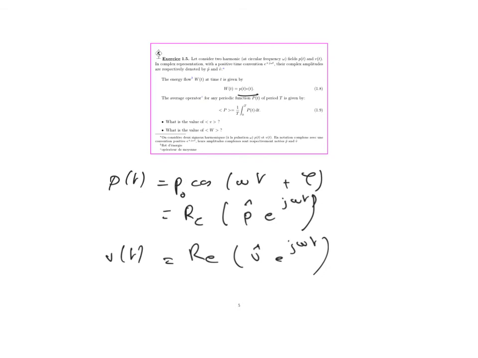For the first question, we want the average of v, which is 1 over T times the integral over one period of v of t dt. So this is the mean value of v.